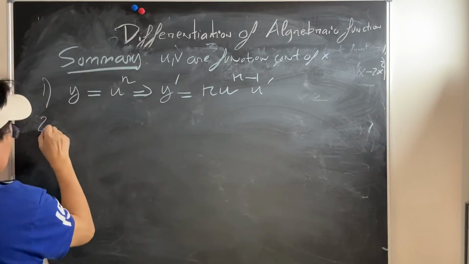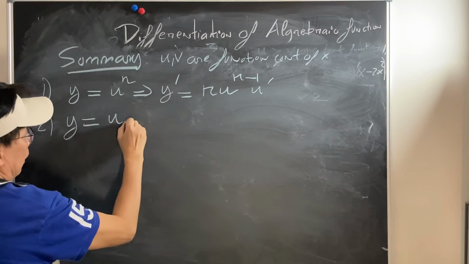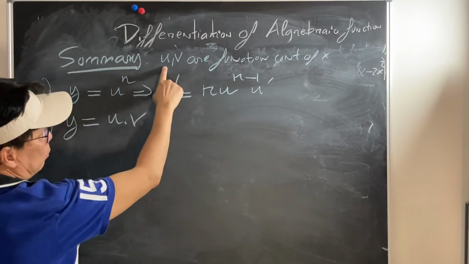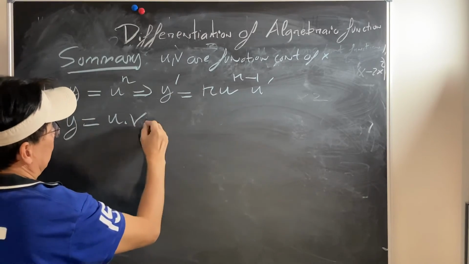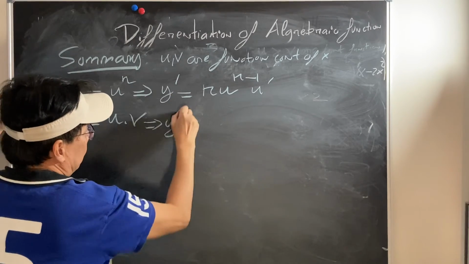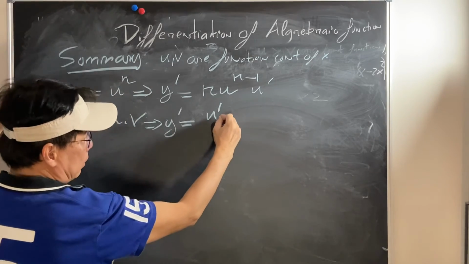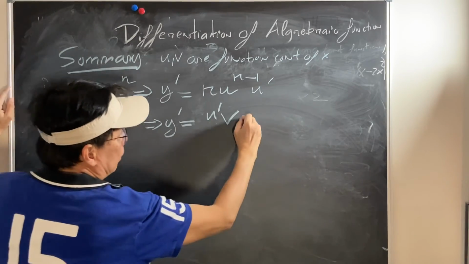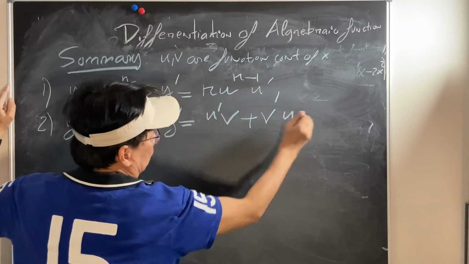Second rule, if we have y equal u times v, again u and v are continuous functions of x, then y prime will be u prime, the derivative of the first one, times the second one, plus the derivative of the second one times the first one.